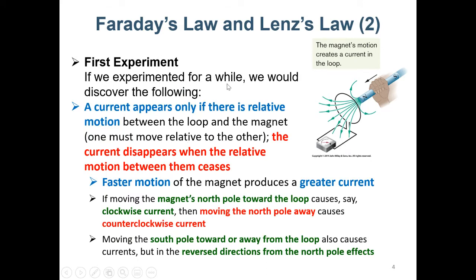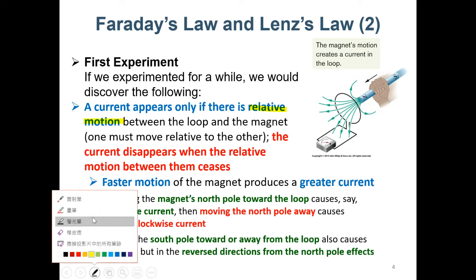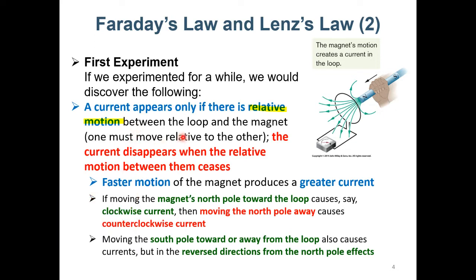So if we experiment for a while, we would discover the following rules. A current appears only if there is relative motion. Relative motion is very important here. Between the loop and the magnet, one must move relative to the other.